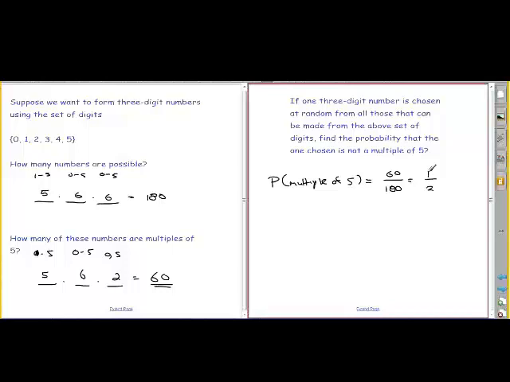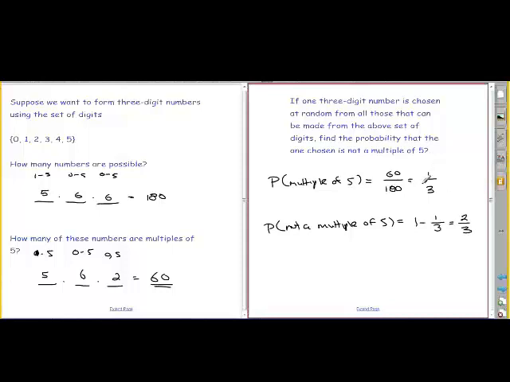So if I were to randomly choose a number out of this sample space, the probability that it would be a multiple of 5 is 1/3. So the probability that it's not a multiple of 5 is going to be equal to 1 minus 1/3. So I'm doing it in terms of probability and not in terms of the numbers. And the answer is 2/3.